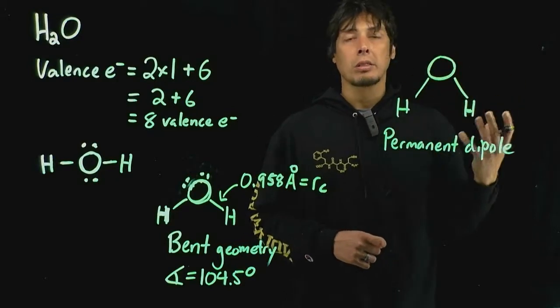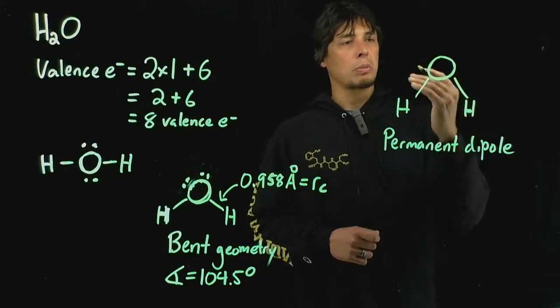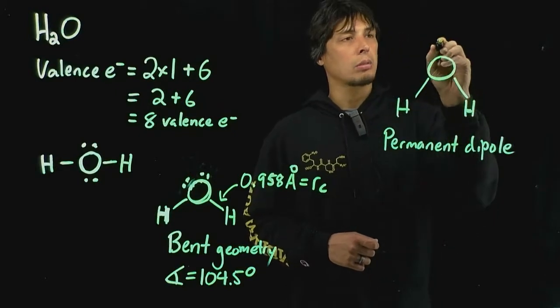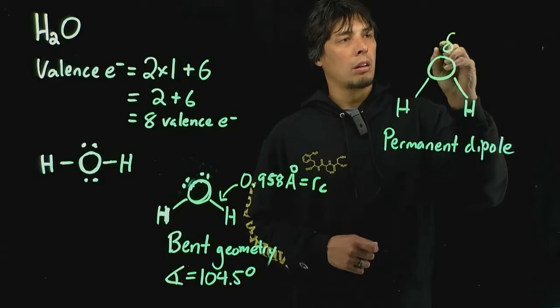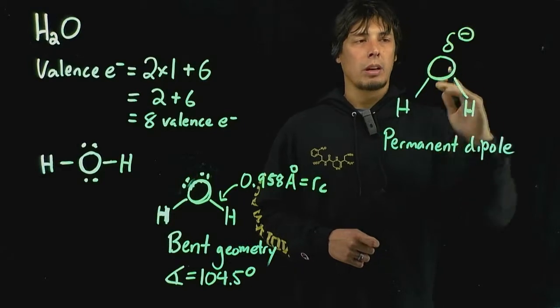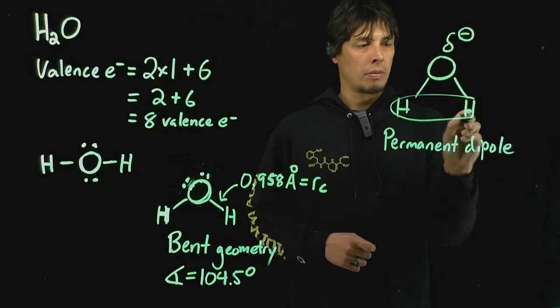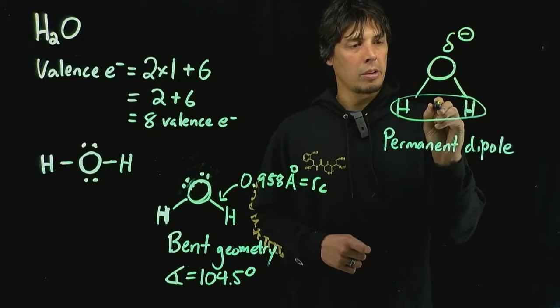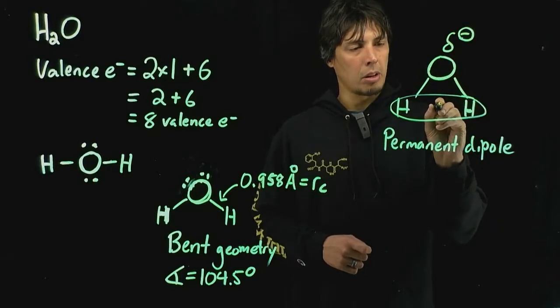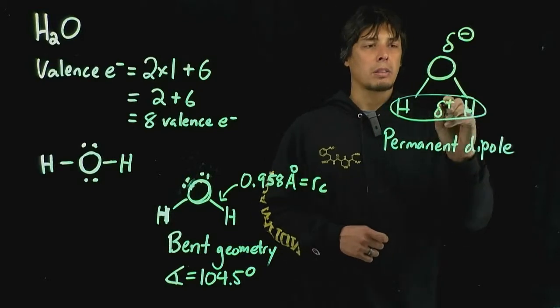And as we know, oxygen is going to have a larger electron affinity than the hydrogen. So this pulls the electron density towards the oxygen, which means that there's more negative charge on the end of the oxygen for water versus the side of the molecule with the hydrogens, which is going to be partially positive.